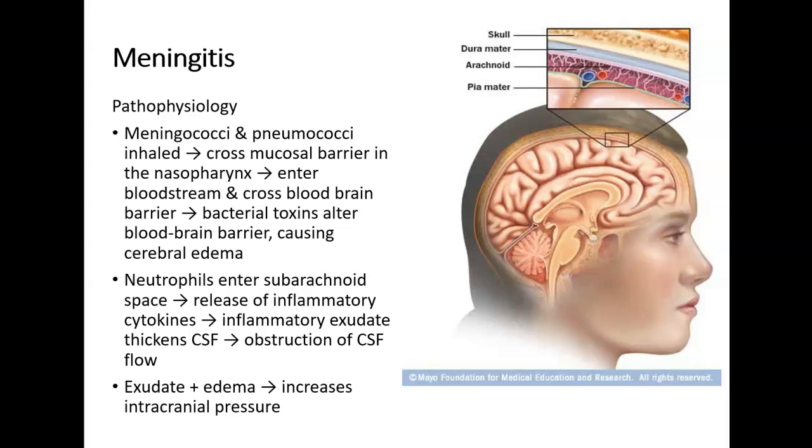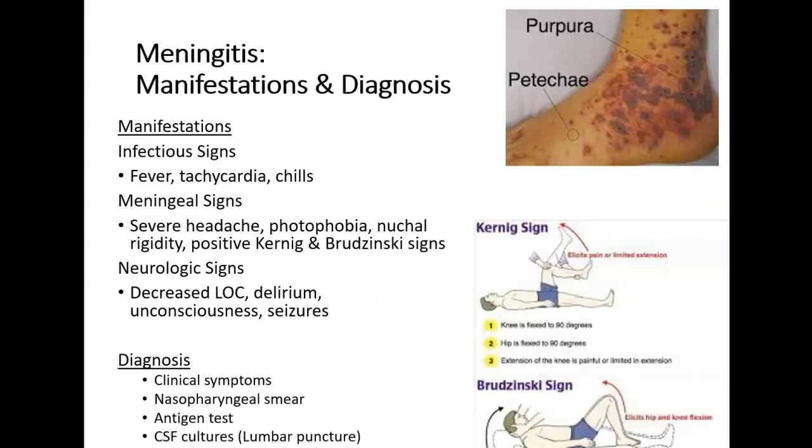So now you have a brain that's too swollen inside of a fixed, hard skull, and this starts to cause problems. Some of the manifestations that you can see: infectious signs are things like fever, tachycardia, chills.